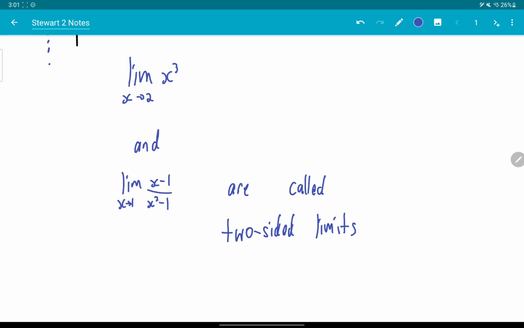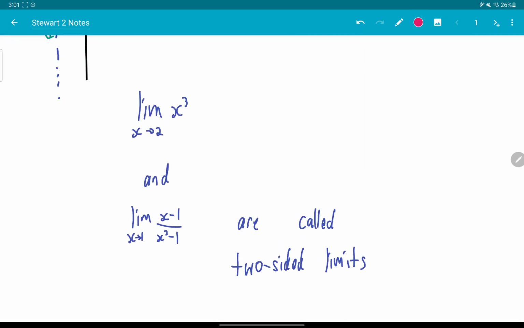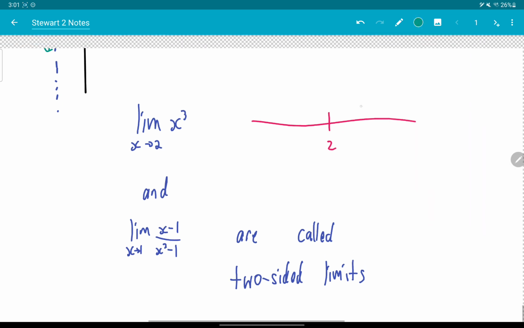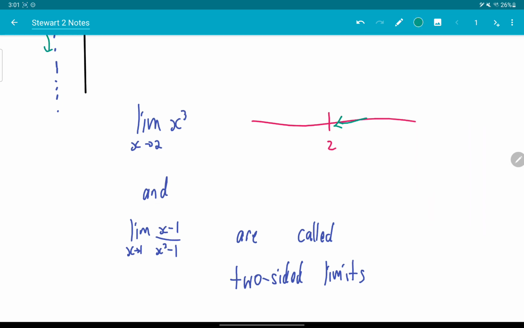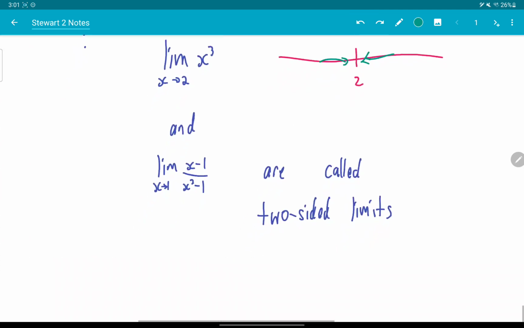They're called two-sided limits because, for the first one, as I showed you earlier, you have 2 here, and I can approach 2 from 2 different directions. So this 2 here is referring to the 2 sides here. And likewise, for this one, I can approach 1 from 2 different directions. So we give them the name two-sided limits.